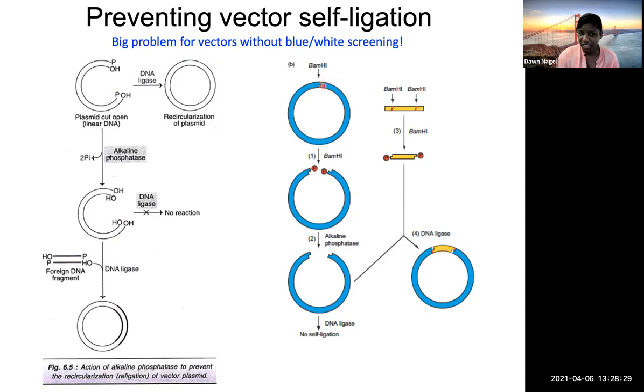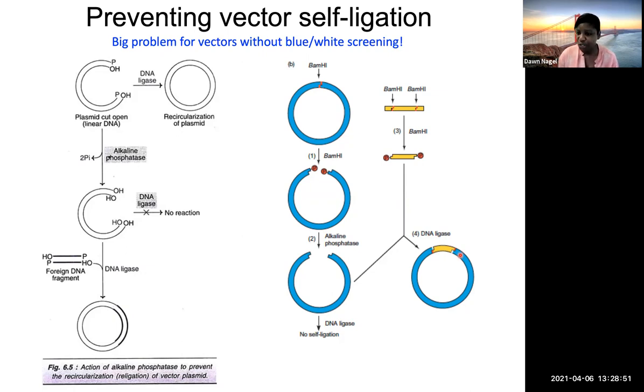So in this case, which was the example we showed previously, you cut with BamHI, and your insert goes into the vector. But before you do that, you want to treat it with alkaline phosphatase so that it doesn't close back up, and you can add your insert in there. That's the way you prevent self-ligation.